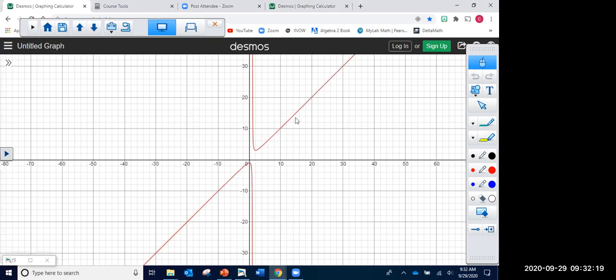It didn't have any horizontal asymptotes, but it has a vertical asymptote if we zoom out at x equals 1.